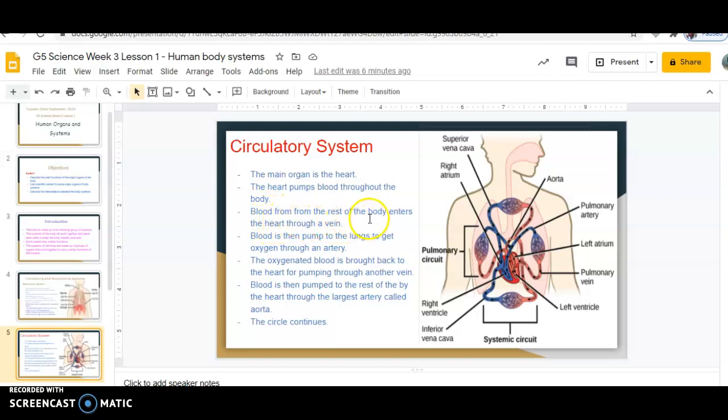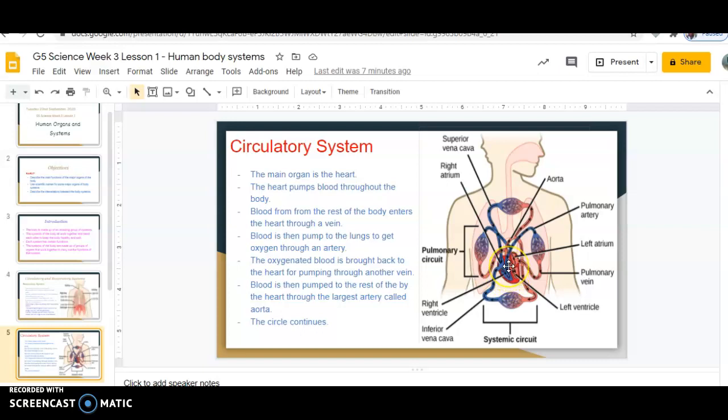Blood from the rest of the body enters the heart through a vein called the vena cava. So this is blood from the other parts of the body, from your head, from your legs, the rest of the body. It is coming back to the heart to be pumped, because the heart actually is a pump.